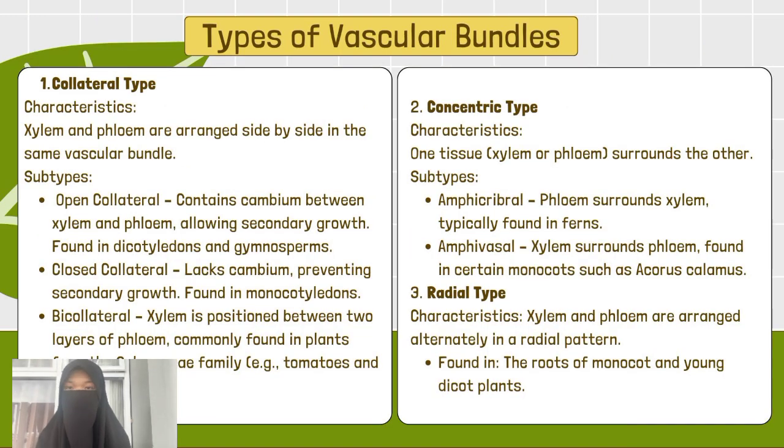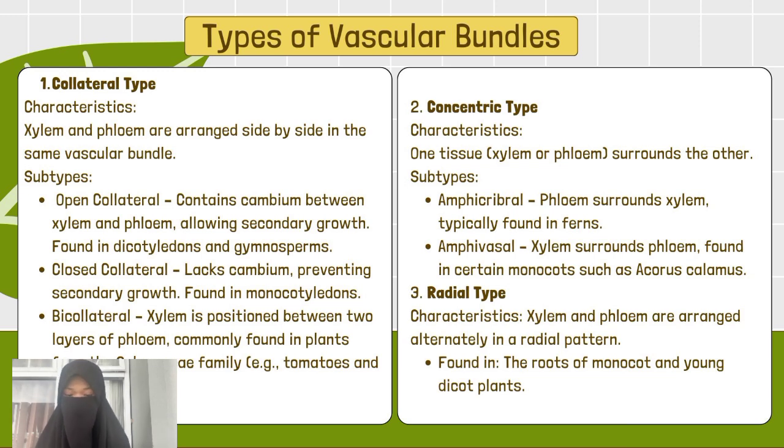Okay, there are three types of vascular bundles. First is the collateral type. The characteristic is that xylem and phloem are arranged side by side in the same vascular bundle. The subtypes: first is open collateral, which contains cambium between xylem and phloem, allowing secondary growth, found in dicotyledons and gymnosperms.